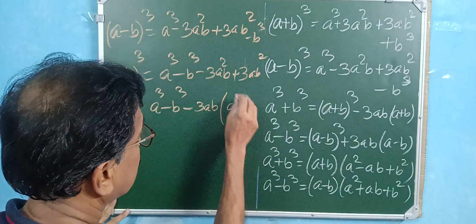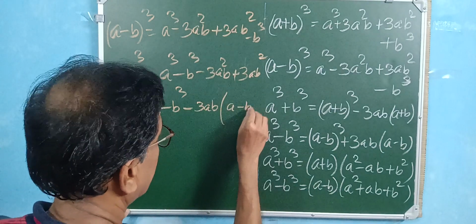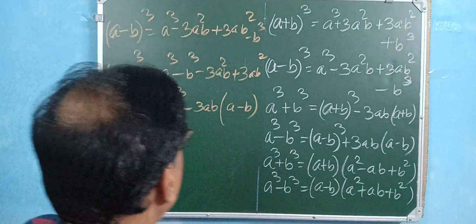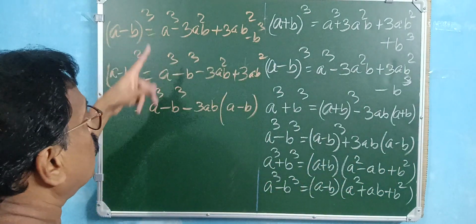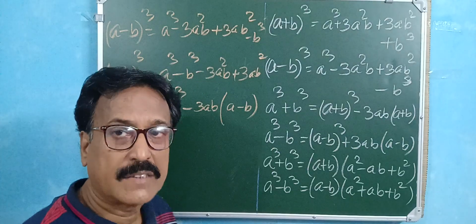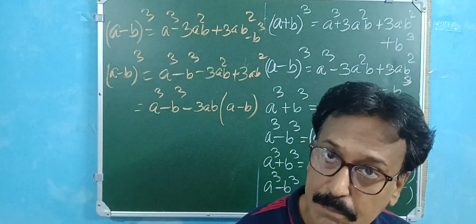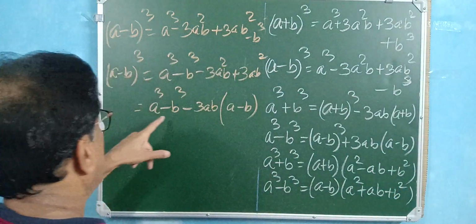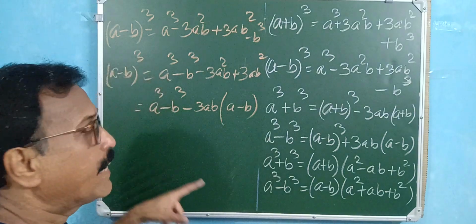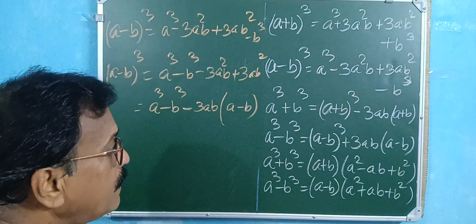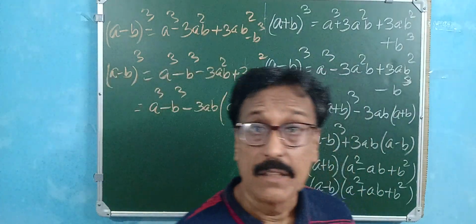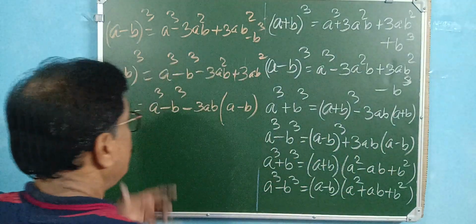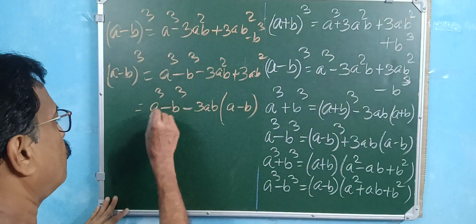This is A and this is B, the sign is minus. So one formula is developed. Other formula: (A − B)³ is equal to A³ − 3A²B + 3AB² − B³, or (A − B)³ is also A³ − B³ − 3AB(A − B). Now from there you develop a formula.